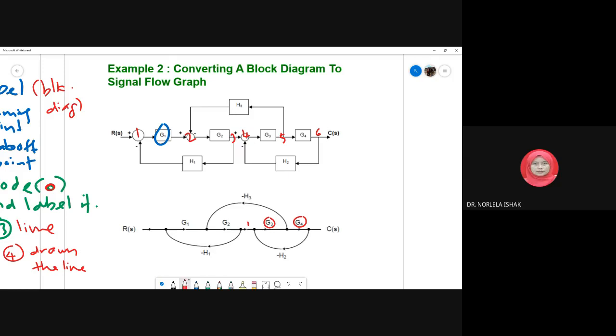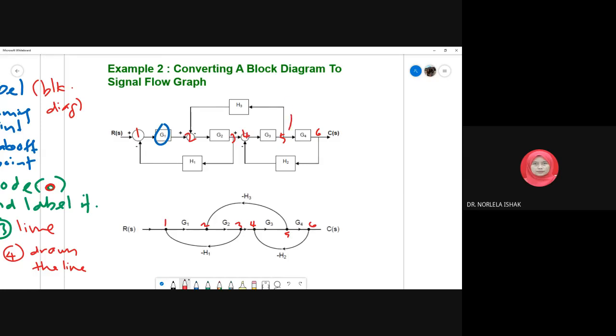Okay. How about H3? Macam mana dengan H3? H3 is between node 1, node 2, node 3, node 4, node 5, node 6. H3 is from node 5 goes to node 2, right?